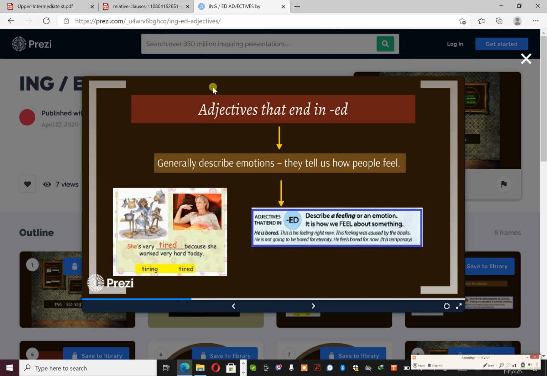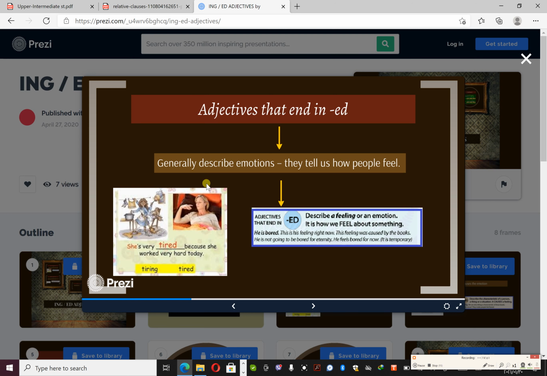I want to share with you the adjectives that end with -ed. I don't mean all the adjectives, only some kinds of adjectives, and sometimes a verb is used as an adjective. For example, the adjectives that end with -ed generally describe emotion, that tell us how people feel.